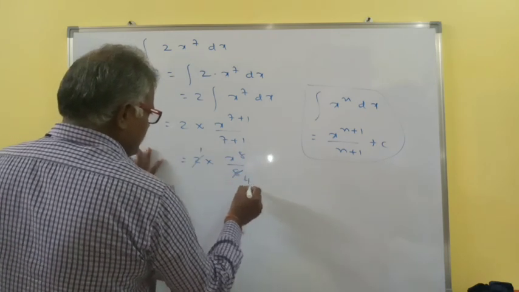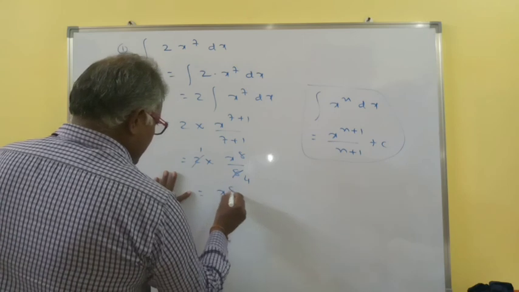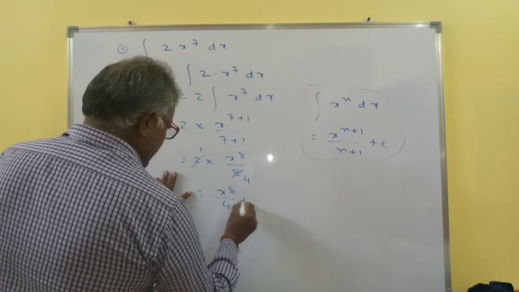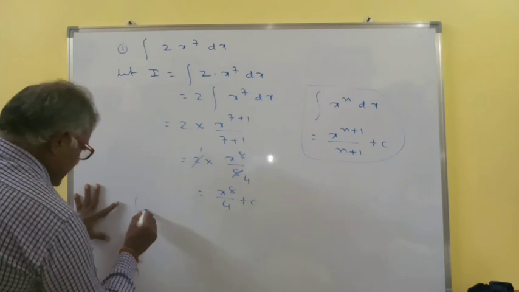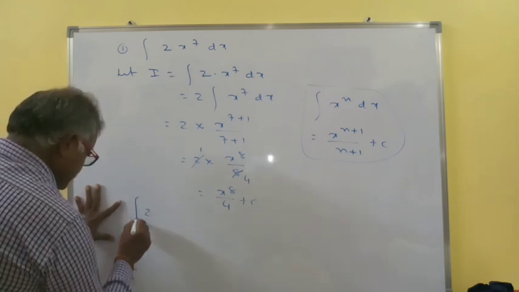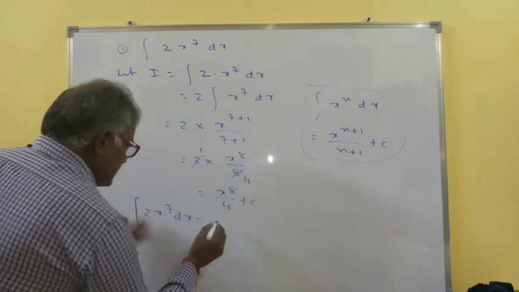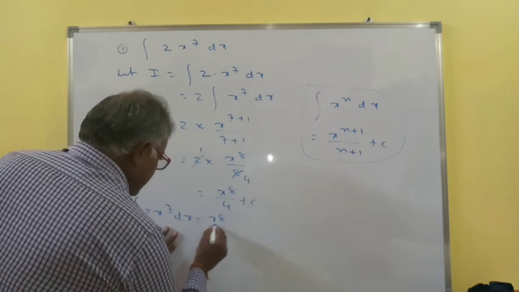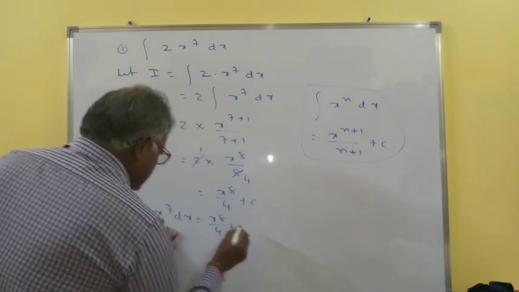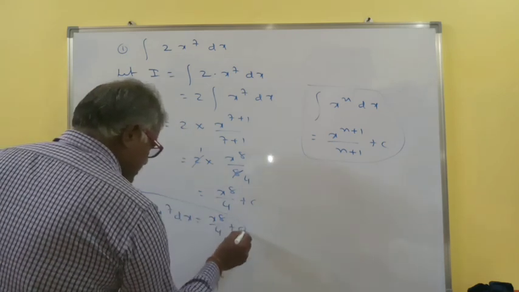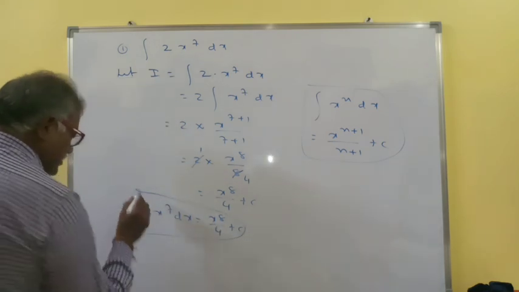Here 2 ones, 2 fours. So finally x power 8 by 4 plus c. So integral of 2 into x power 7 dx gives us finally x power 8 by 4 plus c. So this is the solution for this problem.